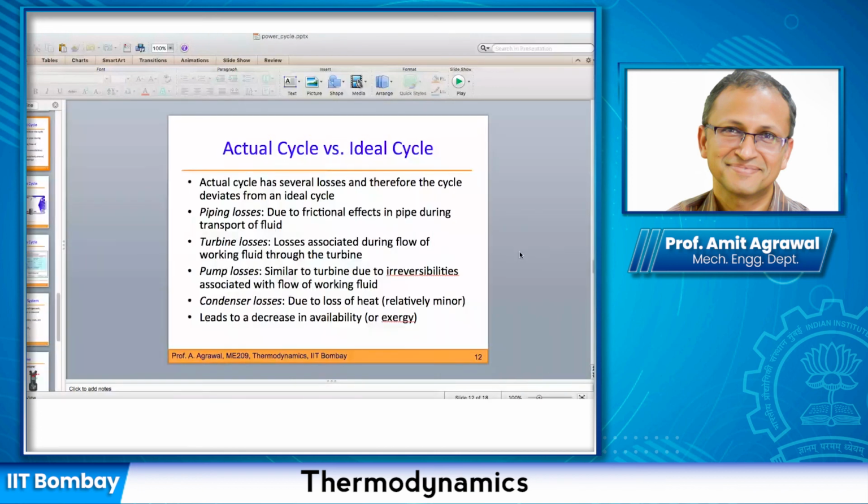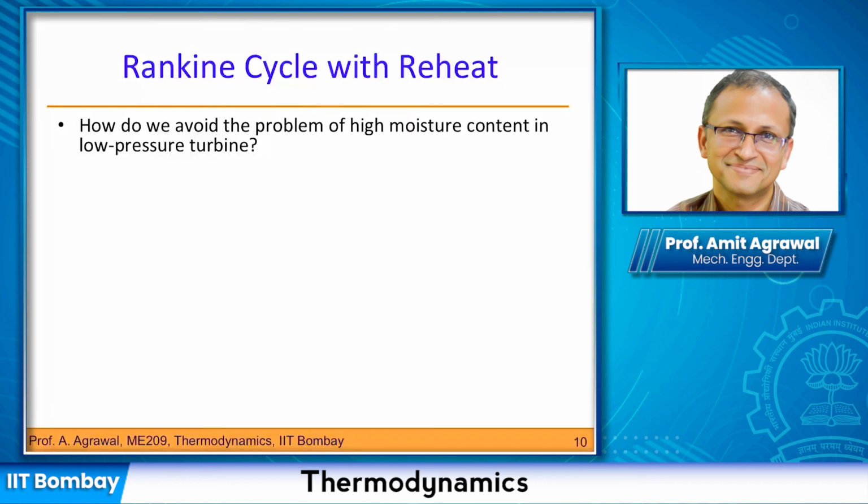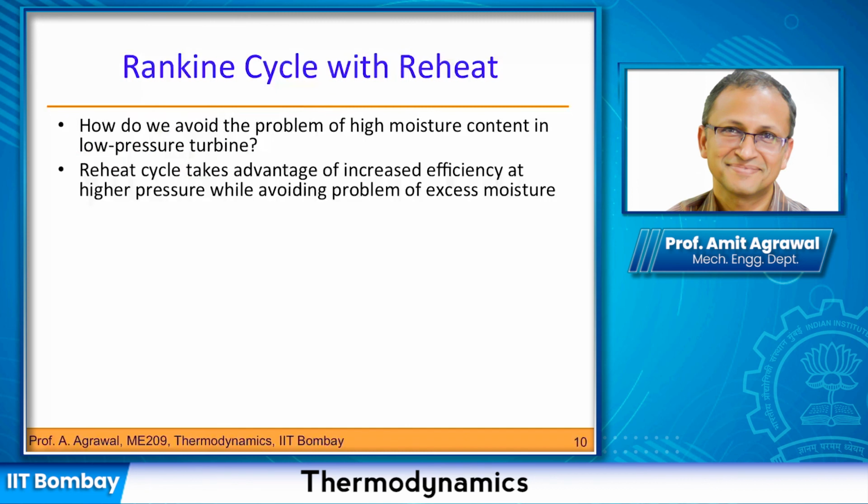Okay, so what we see here with the Rankine cycle with the reheat, it avoids the problem of high moisture content in the low pressure turbine, and the reheat cycle takes advantage of increased efficiency at higher pressure while avoiding the problem of excess moisture.